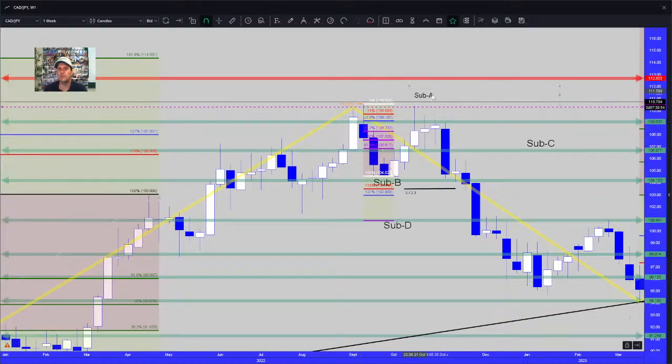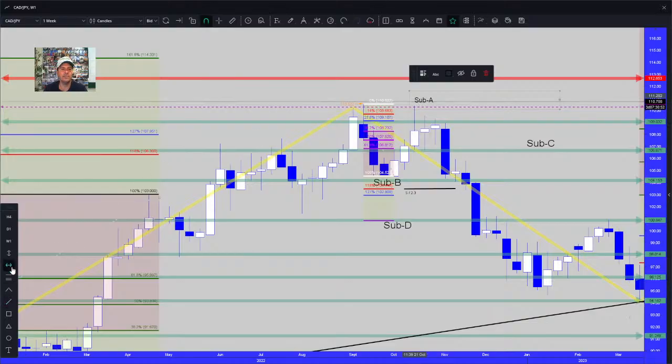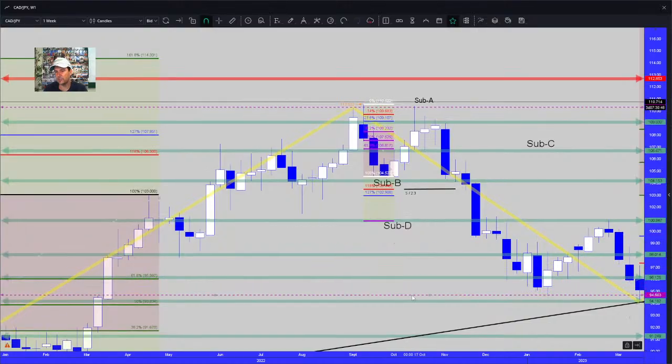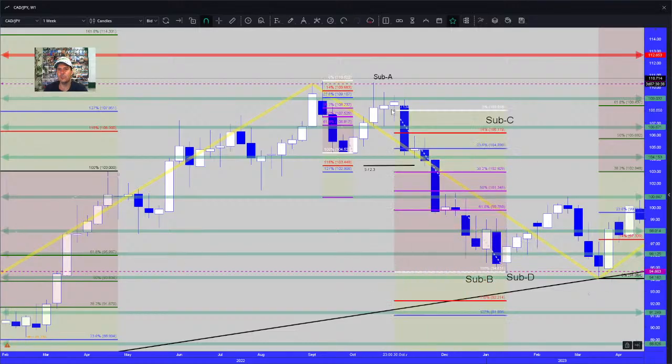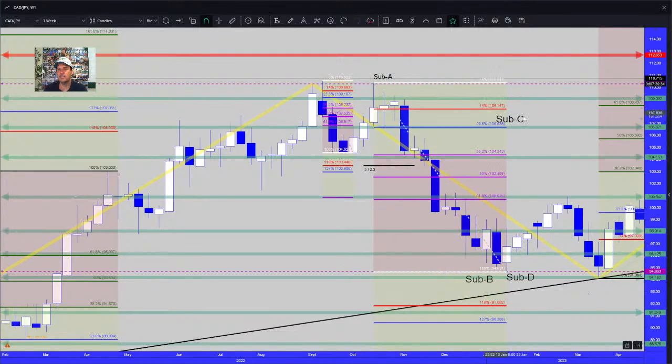Sub A goes to sub C, and the sub B goes to sub D, must be a low, so this is now the sub D down in here. Agreed, everybody? So sub B goes to sub D and I have a new contrarian Fibonacci. Alright?